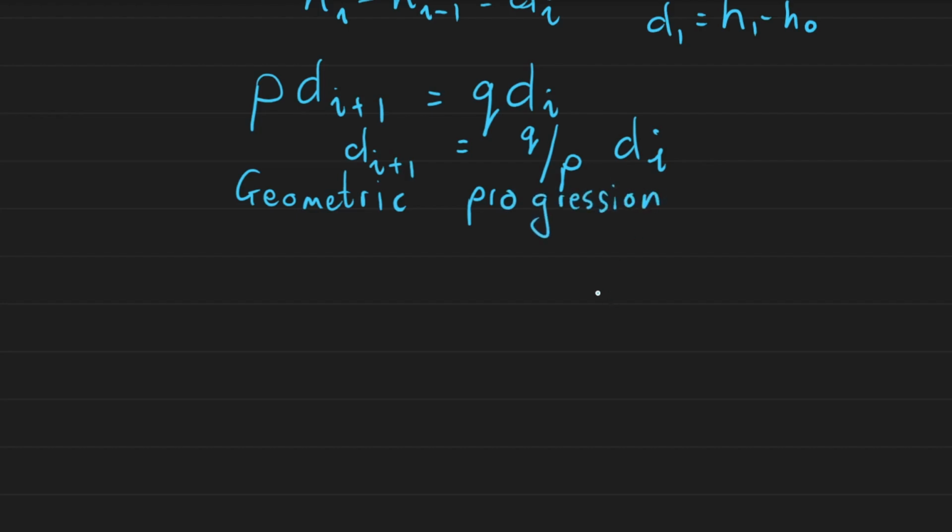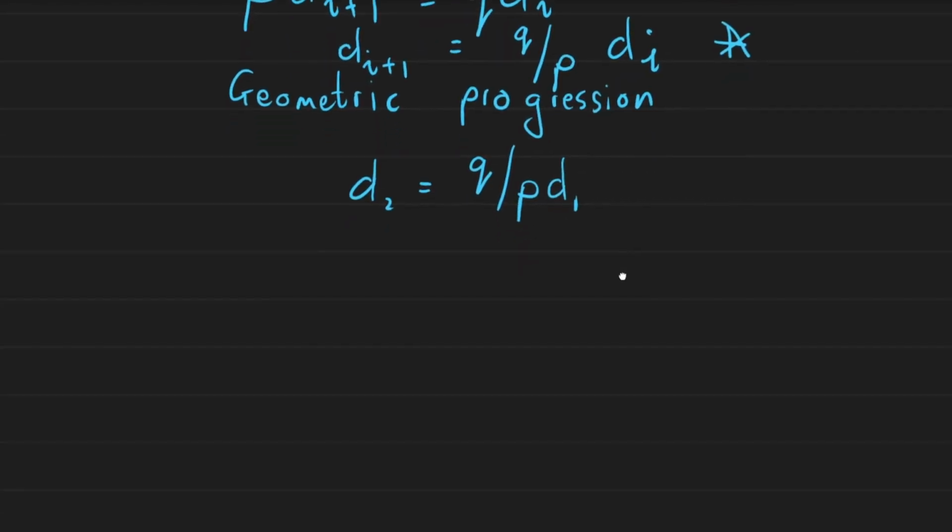Let me show you what I mean. If we write D2, we've said here that D(i+1) is equal to Q over P times Di. So if i plus 1 is 2, in other words, i is equal to 1, then this is equal to Q over P times D1. Then we can say that D3 is equal to Q over P times D2.